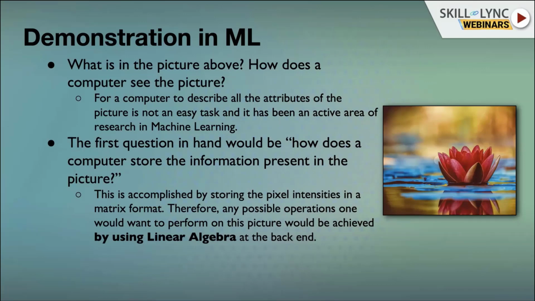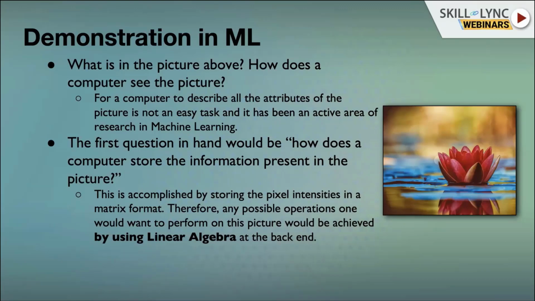So the first question in hand would be, how does a computer store the information present in the picture? What we know is that computers are designed to understand the language of only zeros and ones, that means binary numbers. If you are given data, the computer will interpret it in terms of 0 and 1.